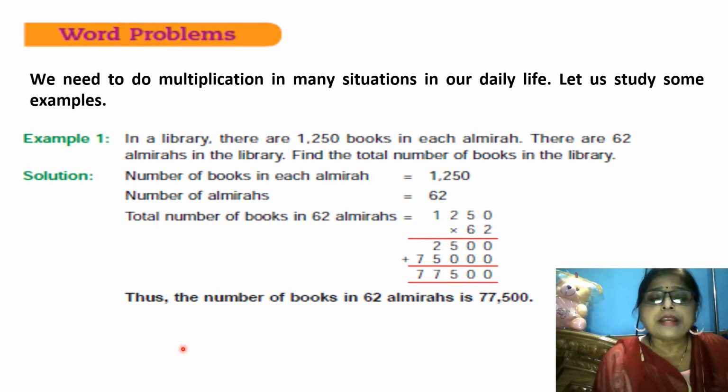So you can see that the number of books in 62 almirahs is 77,500. So first, students, keep it in your mind. These are the statements and this is the process. With both the statement and the process, you have to solve the problem sums. Keep it in your mind. Not only the process and not only the statement, both are necessary for problem sums.